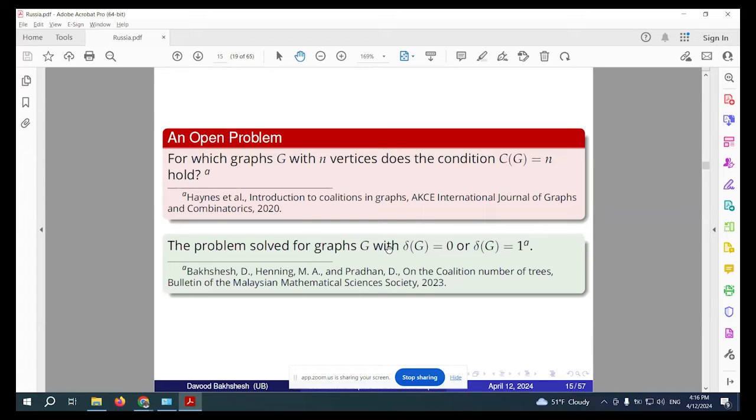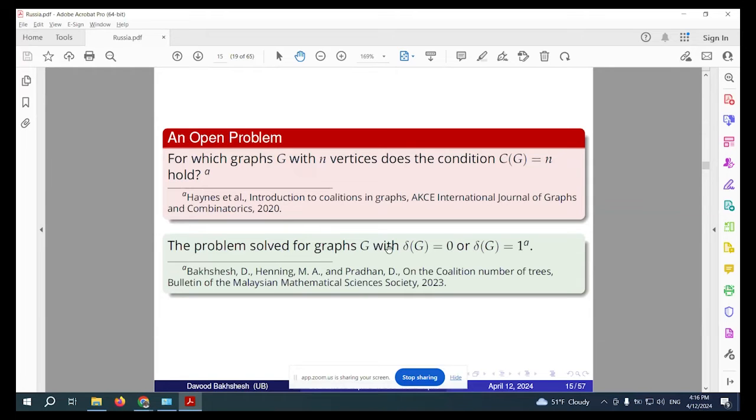In this paper, the problem is partially solved for graphs G with small delta G equal to 0 or delta G equal to 1. Now we will discuss this result.